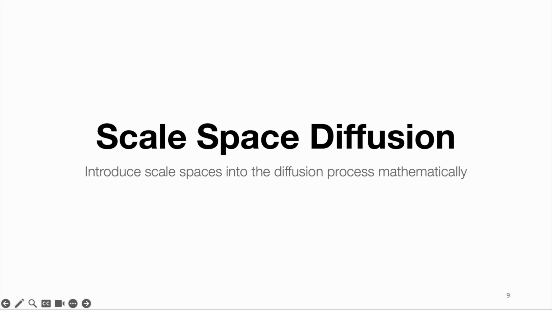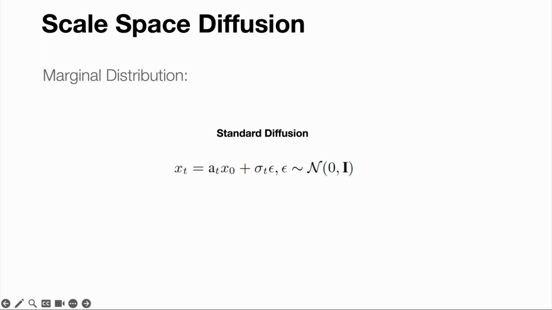To achieve this, we introduce scale spaces into the diffusion process math. This is the change we make. Standard diffusion states have a signal and a noise term. We change the signal coefficient to be a linear degradation operator.